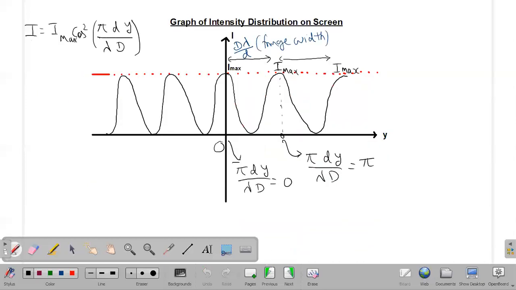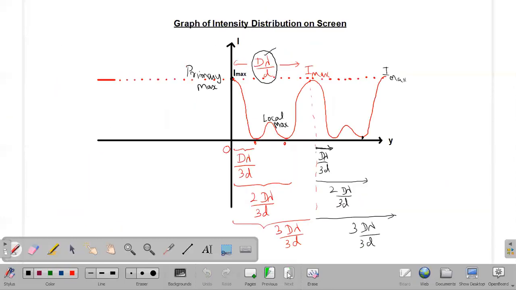Notice in the double slit experiment, the primary maxima were separated by capital D lambda over small d. And in the three slit experiment also, the primary maxima are separated by the same distance. The only additional point is that you get a local maxima in between the two primary maxima.